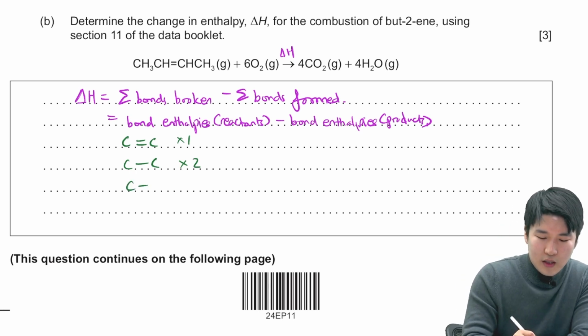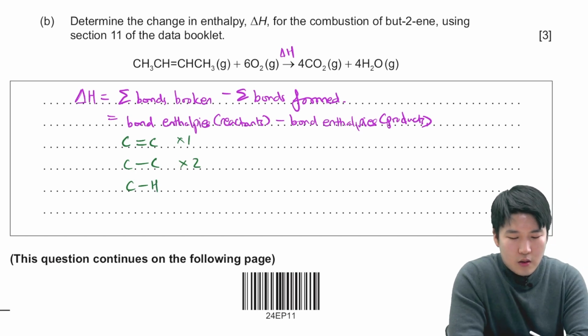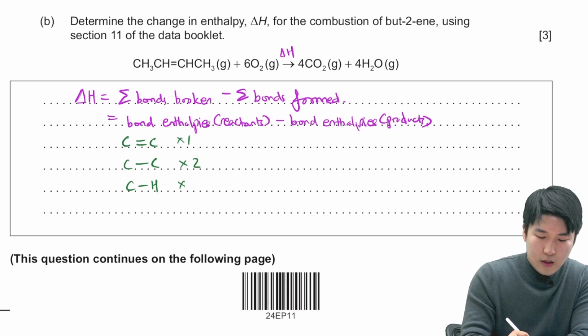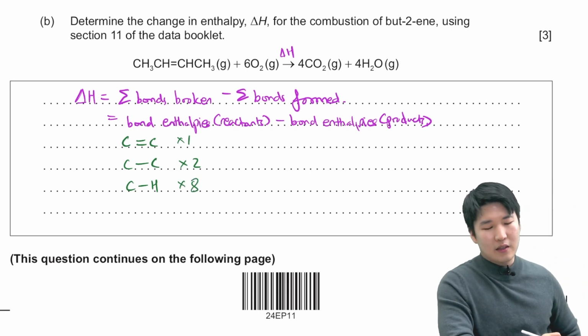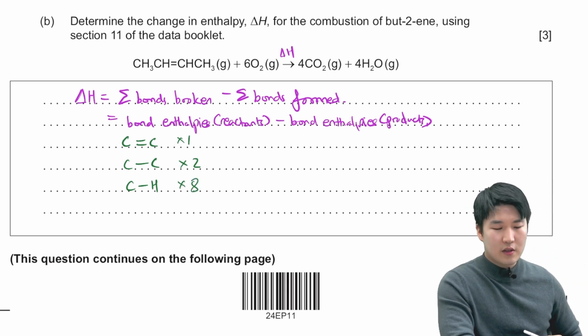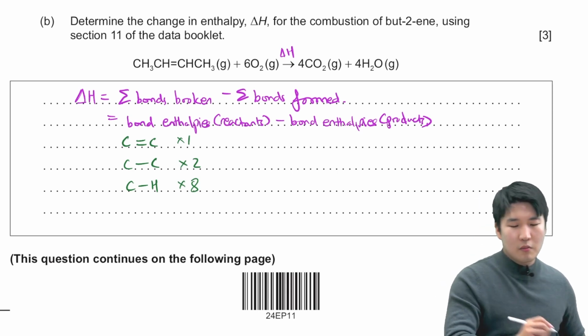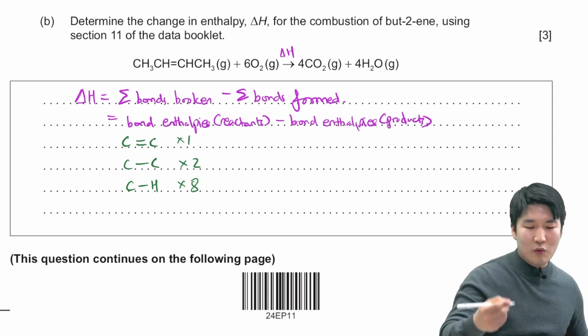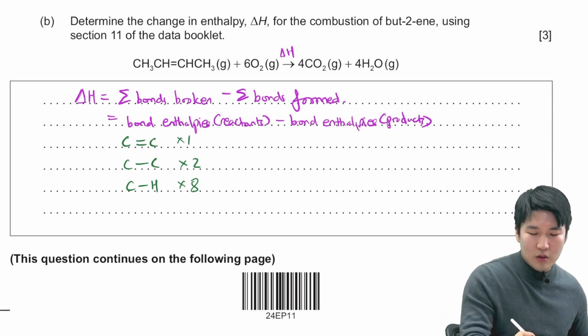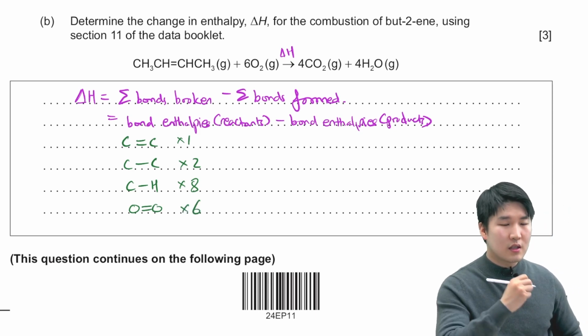We also have C-H, 8 C-H single covalent bonds. And that is it for the butene, but if we include oxygen, we will have 6 O=O double bonds.